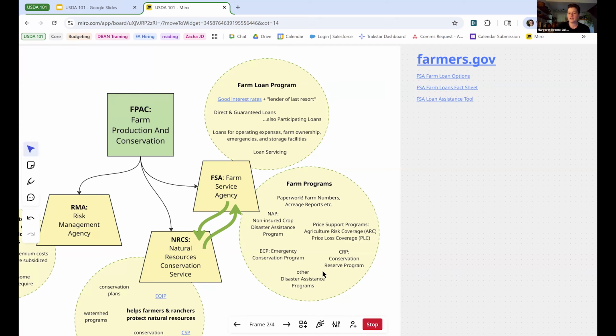So there are some other programs oriented around disaster assistance at FSA, like the Emergency Conservation Program, which addresses emergency resource concerns, like many of the ones that we saw with farmers we helped post Hurricane Helene. And there are other disaster assistance programs. They are usually built around a specific product that you're raising or a specific kind of disaster.